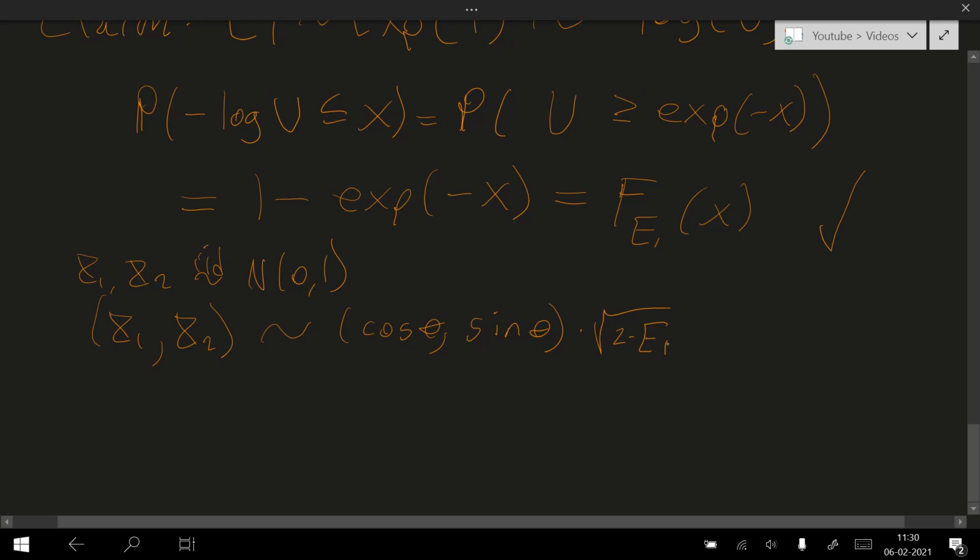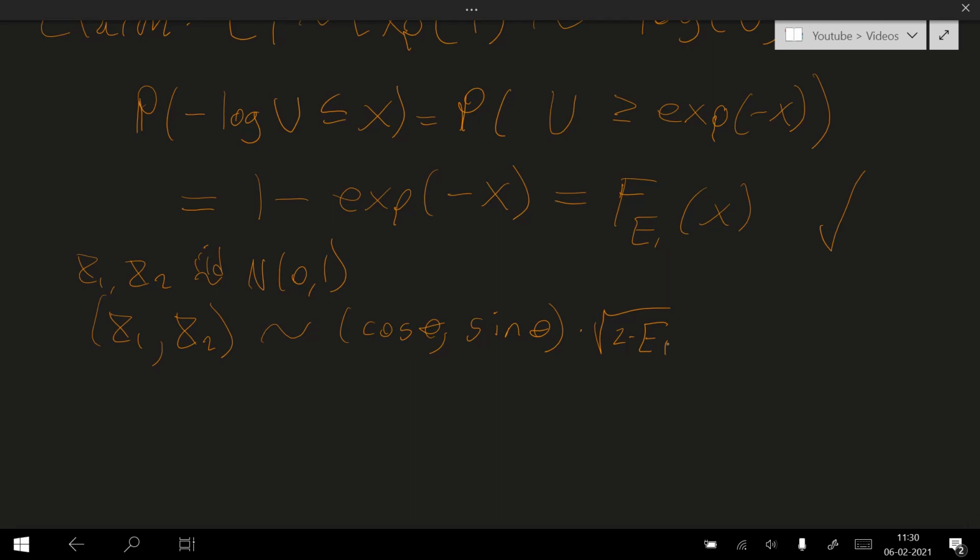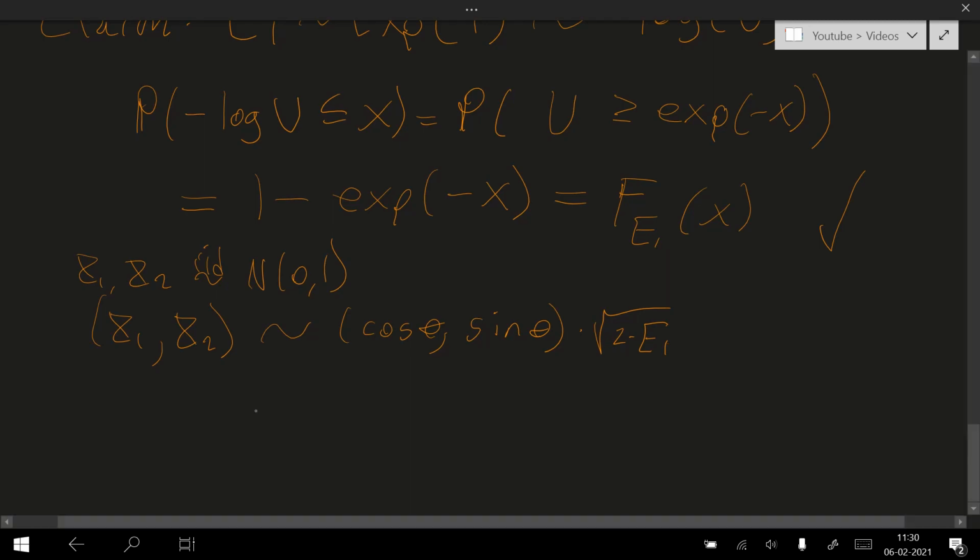And now you can probably see that we can tie all these things together, because we know that cosine theta, sine theta can be written as u1, u2 divided by r.